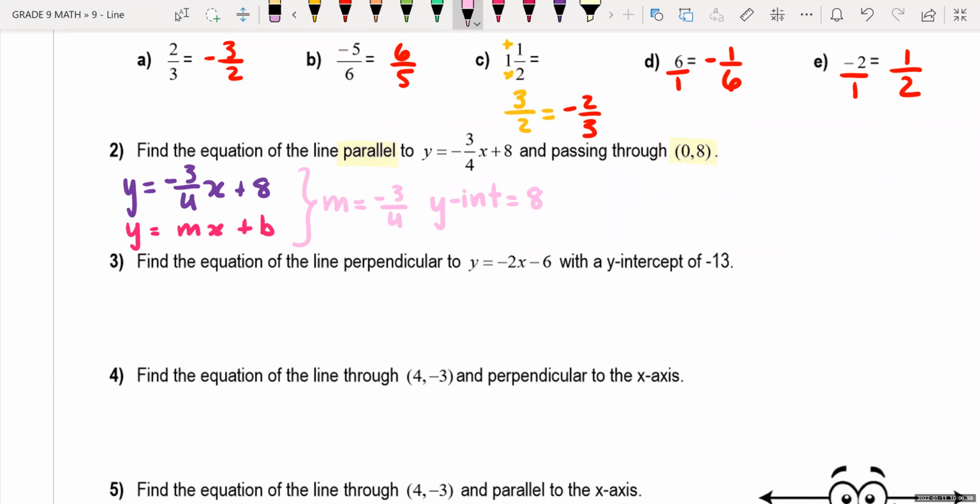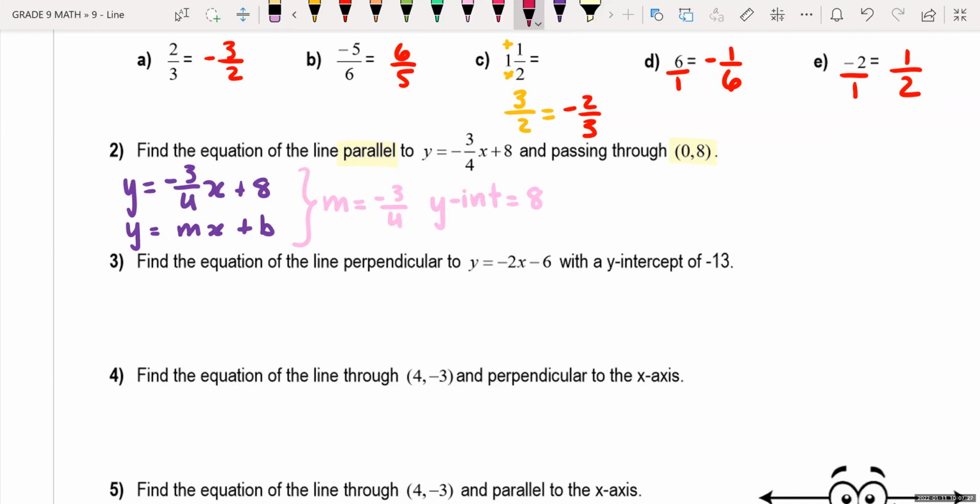And you probably need just a little bit of a refresher of what we did before the break, so I'll go over that with you. You're just going to be putting the slope into the y is equal to mx plus b equation where you see the m, and the y-intercept goes wherever you see the b. So our final answer, I'm just going to change this to purple so that I can go ahead and use this.